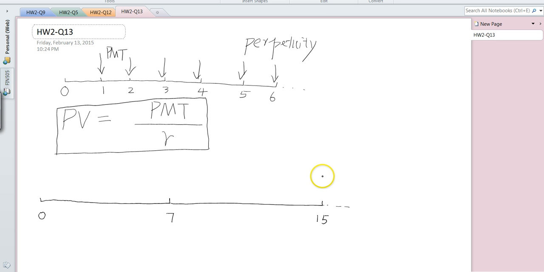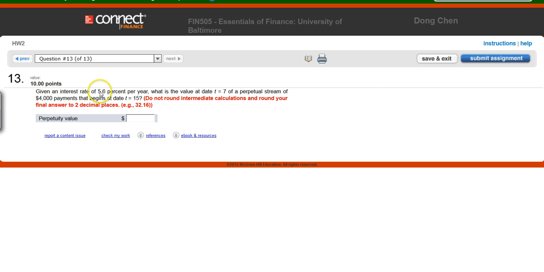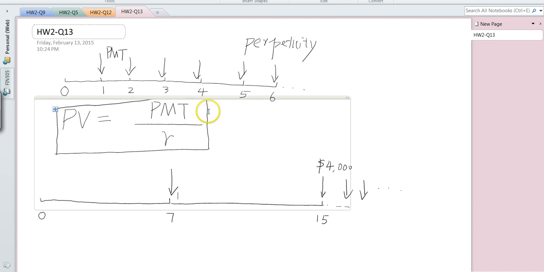So the question tells us we have a perpetual stream of $4,000 payments that begins at date t equals 15. So that means the first payment starts from here, and this is 4,000, and this continues forever. Okay, it's a perpetuity. But the question is asking us the present value, right? The value, given the interest rate, at t equals 7.